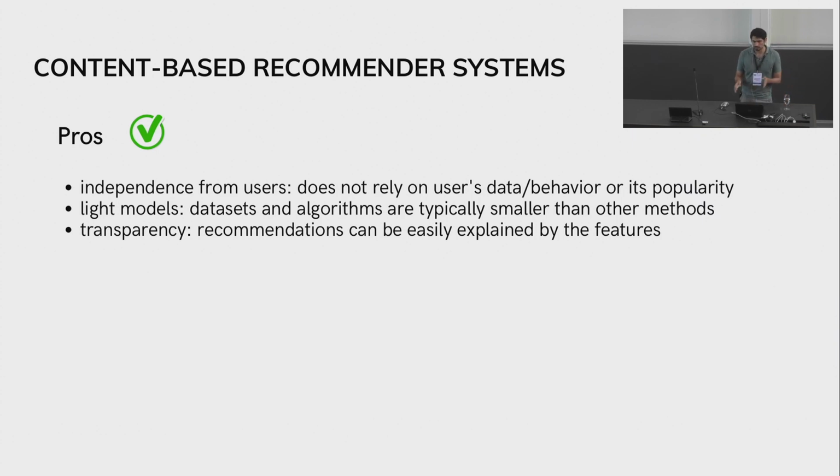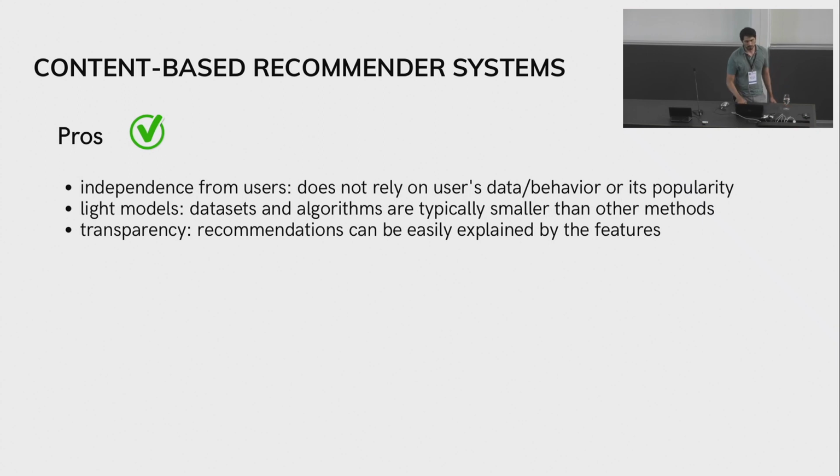Other kinds of recommender systems create bubbles in the sense that you only see what is more popular. They are also light models in the sense that you don't need a database of 10,000 users to train it, and algorithms are typically smaller also.